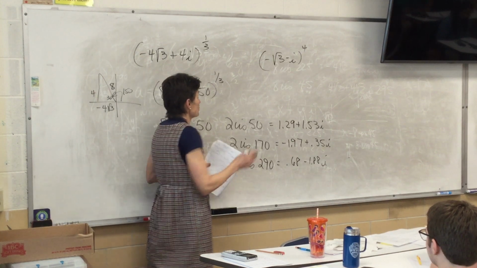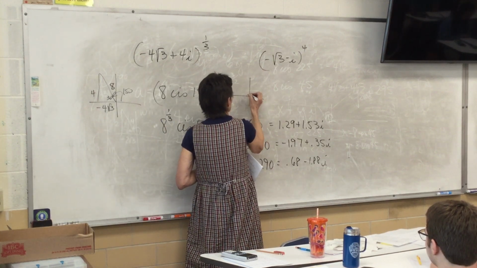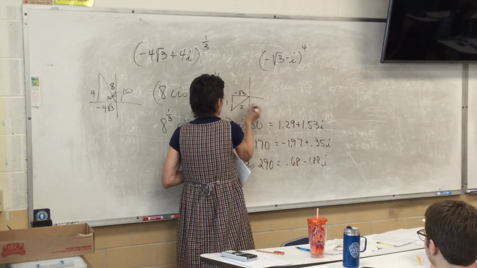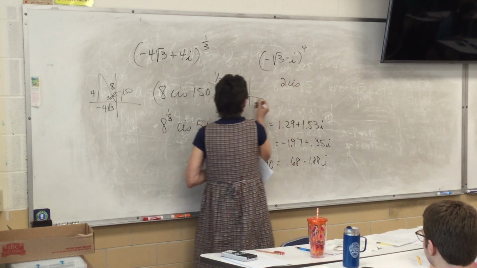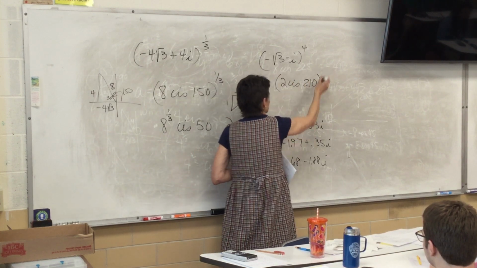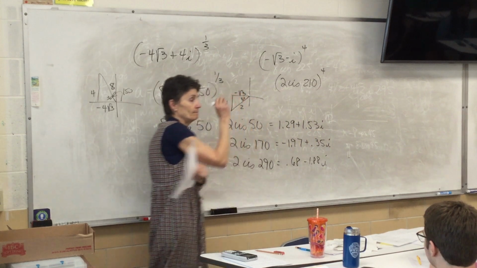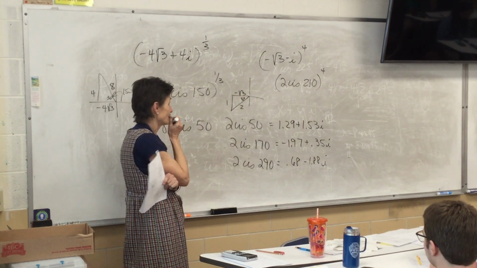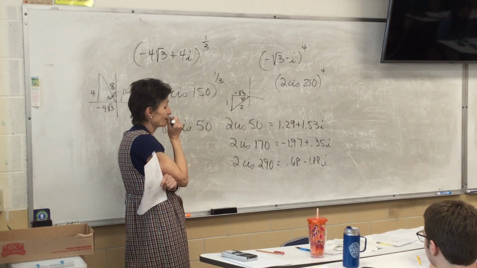Okay, so I need to change it into polar form. So 2 CIS, this would be 210. Is that right? It's 2 plus 40. Oh wait, no, I did it wrong.